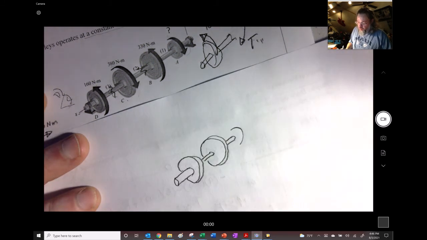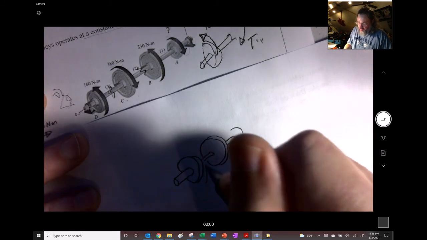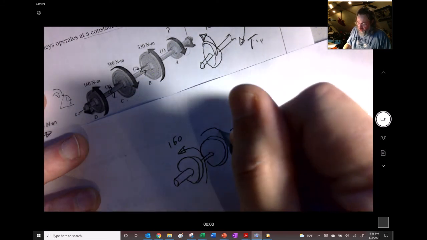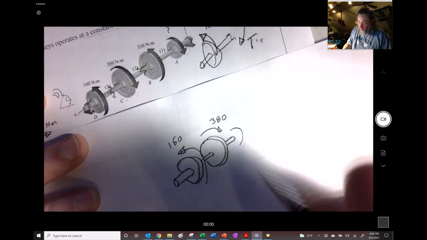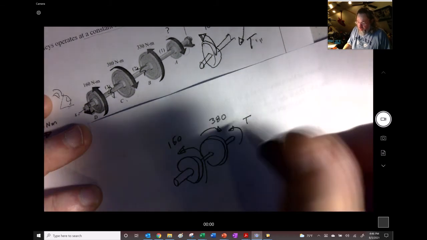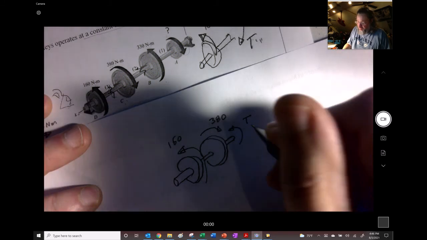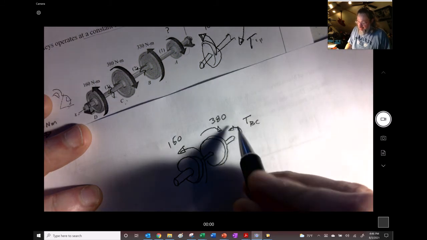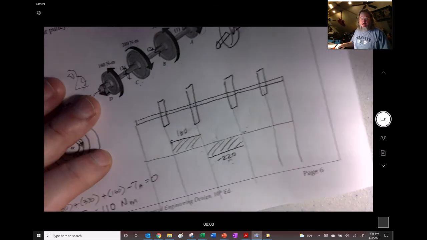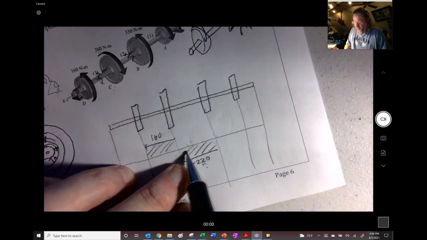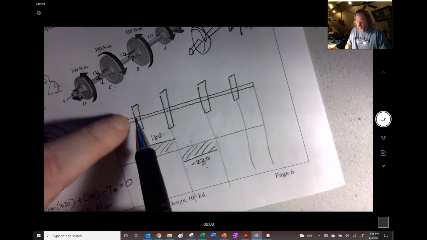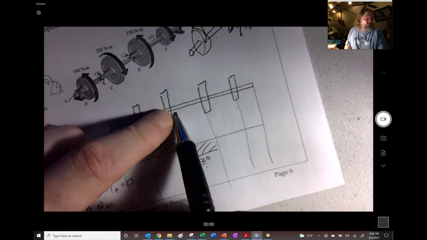There would be a torque right in there. This guy right here is our 160, and this guy is our 380. We would have to find this torque that we might call torque BC. It needs to balance out that one and that one. That's what tells us this has to be 220 to balance out the torque applied to here and here.